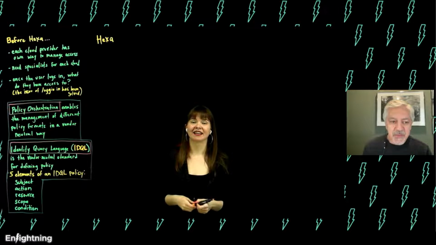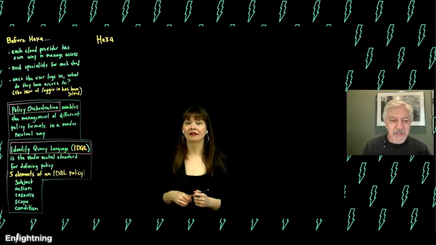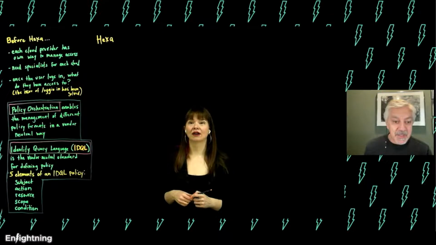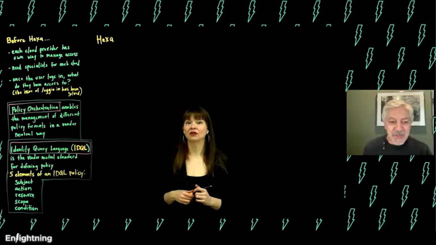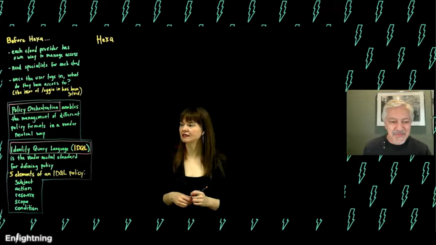Well, Rego is really a programming language. You can do so many different things with Rego, whereas IDQL is a declarative policy language, and it's been designed to be translated into other formats, where Rego was created just specifically to support what Open Policy Agent needs. Okay, that makes sense. Cool.